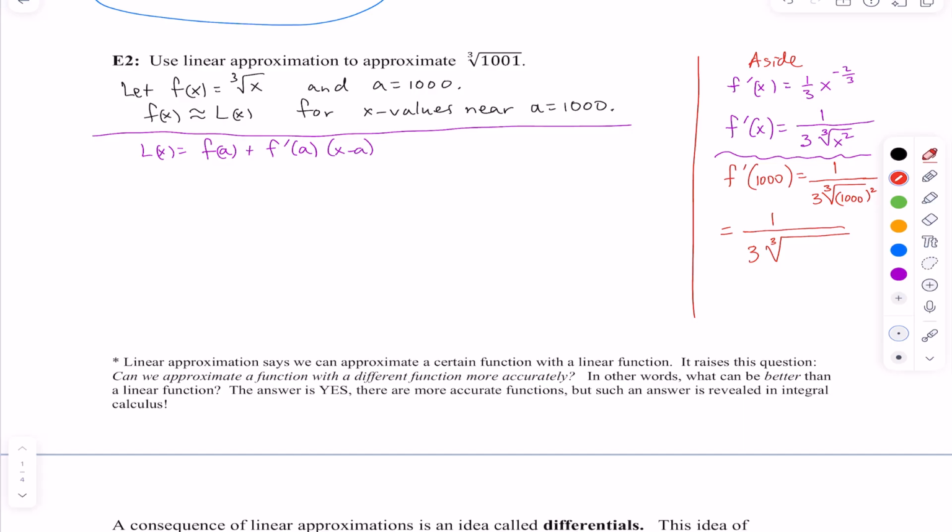Now what is the cube root of 1 million? Cube root of 1 million is simply going to be 100. Once you do that very important scratch work off to the side, we're ready to find our linear function.